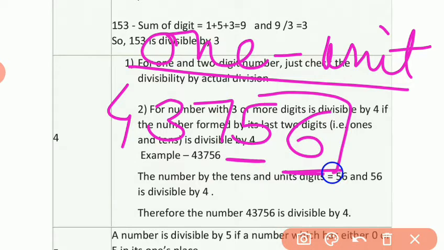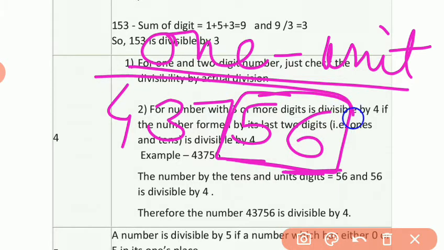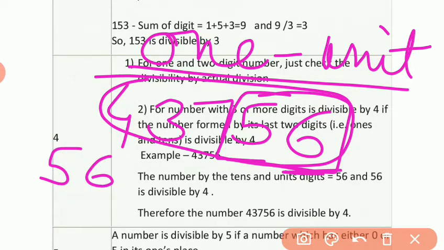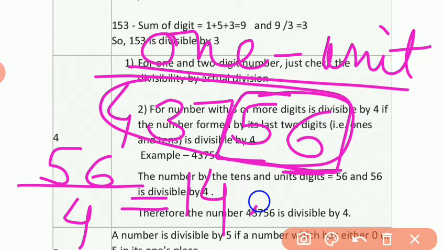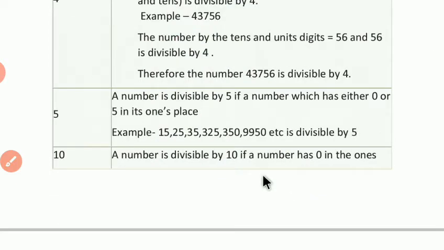If the number formed by its unit and tens digit is divisible by 4, then we can say that the number is also divisible by 4. So you can see that the number formed by tens and unit digit is 56, and it is exactly divisible by 4, how many times? 14 times. It means the remainder is 0. So 43,756 is also divisible by 4.